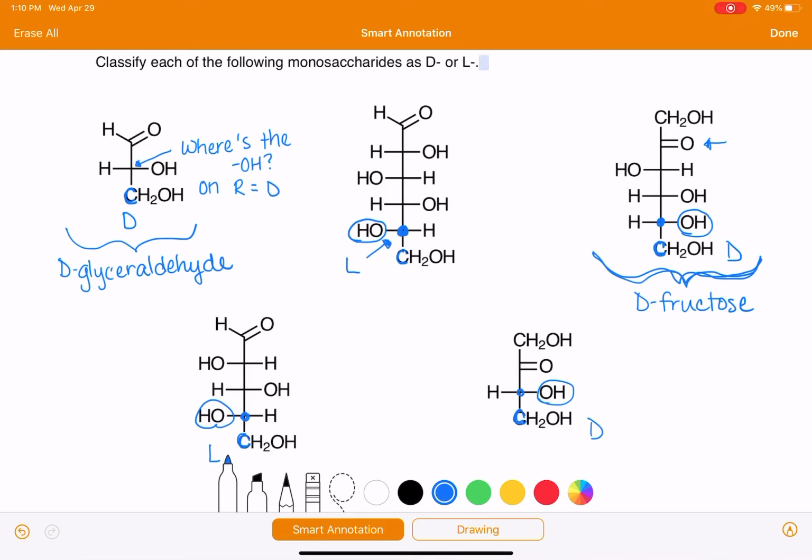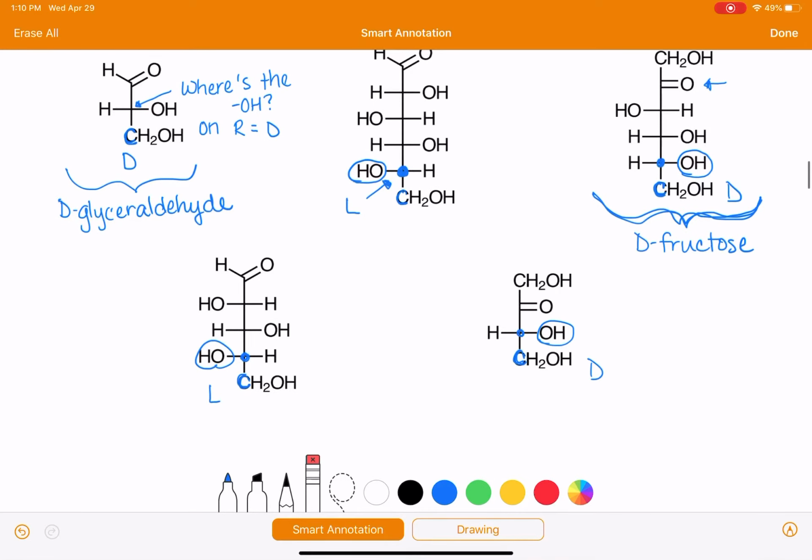The other bonus thing that I want to do on this worksheet is practice drawing the enantiomers of these molecules, because that's another thing that you're going to do on Sapling. It's asking you not to draw them, but to find the enantiomers of these molecules. Remember, an enantiomer is a mirror image.